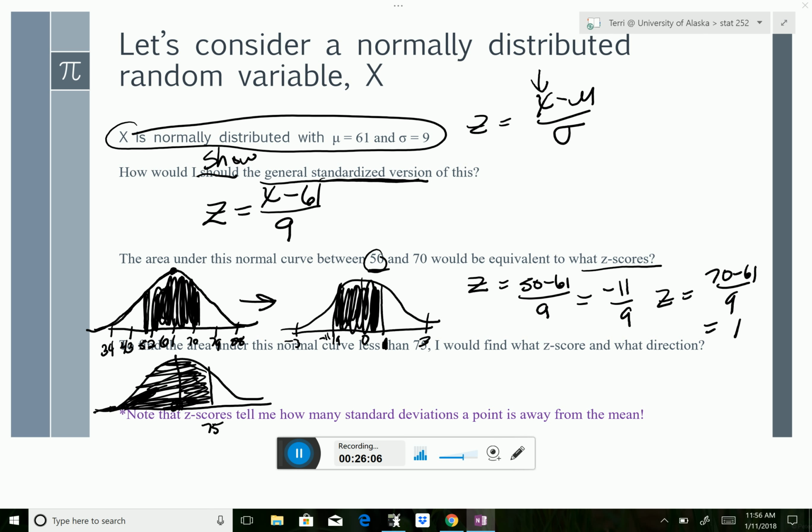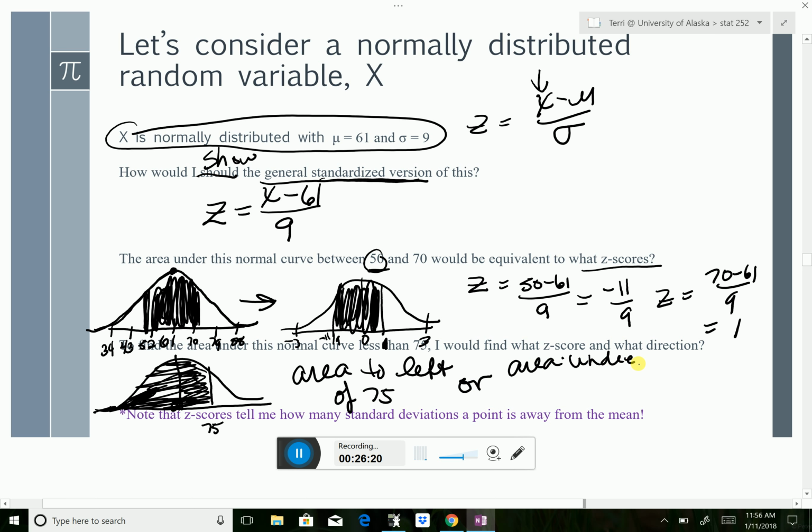So I would want the area to the left of 75, or area under the standard normal under 75 minus 61 over 9, which is, see, that's 14 over 9, which is about, what, 1 5/9 or so?